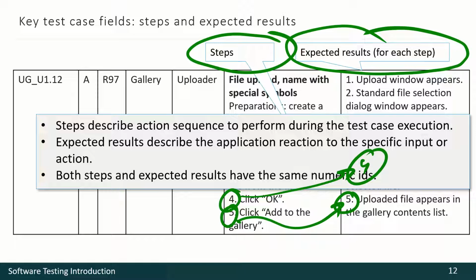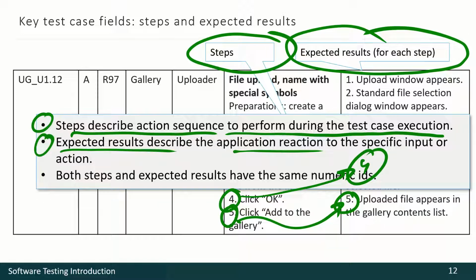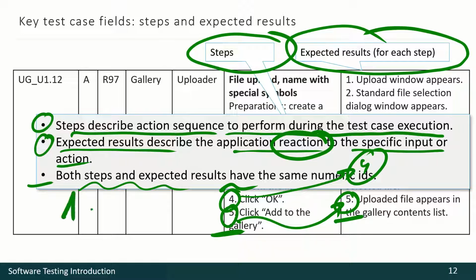Steps describe actions to perform during the test case execution. And expected results describe the application reaction we are expecting. And both steps and expected results have the same numbers. So the first step, the first result, the second step, the second result, and so on.